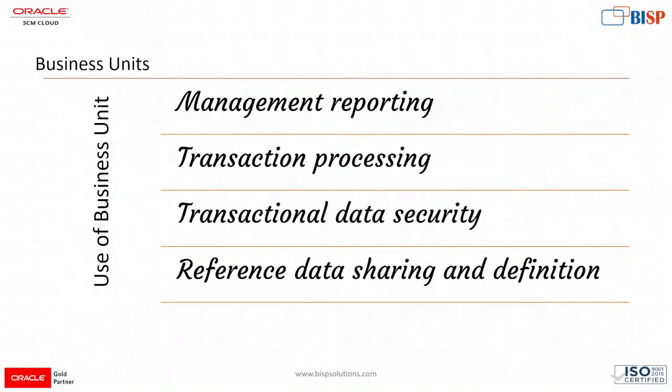So, business unit. Within an enterprise, it is responsible for performing a specific business function and can be positioned within the management hierarchy. It typically has its own manager, strategic objectives and level of autonomy, with accountability for its profit and loss.